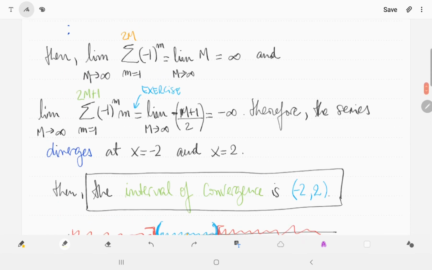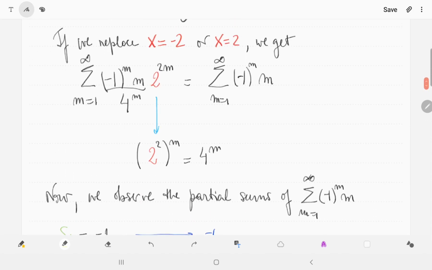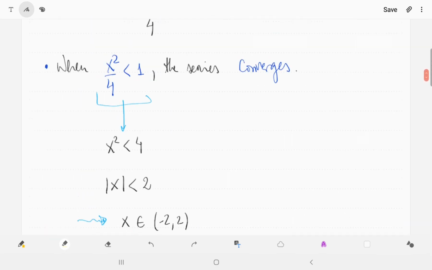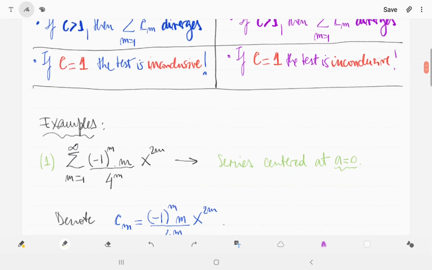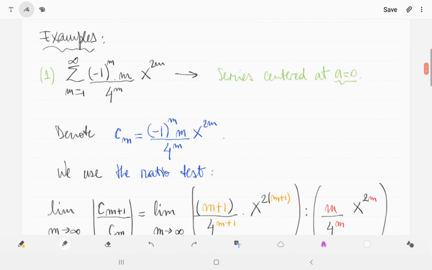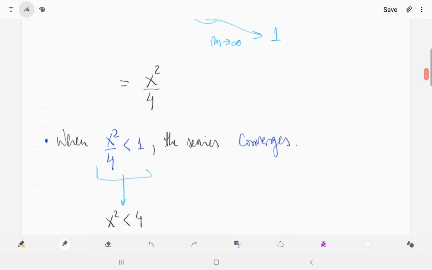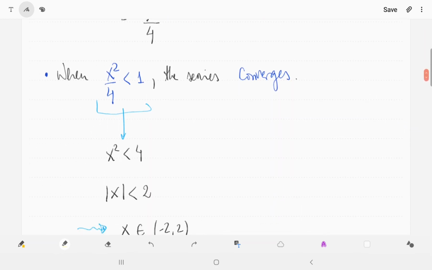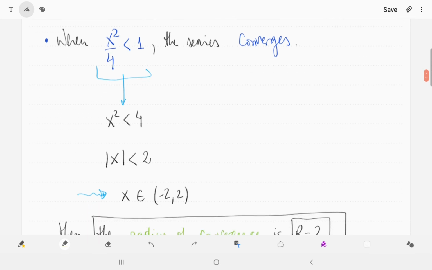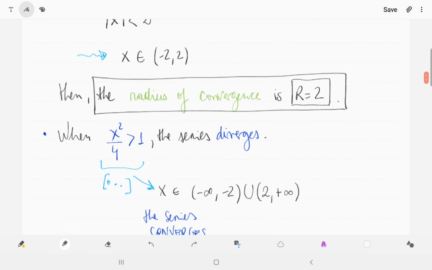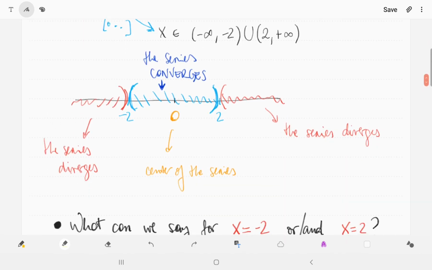So, remember what happened in this example. We have our power series. We choose one of the tests, ratio test or root test. Those tests will give information with open intervals, but we won't know what happened at the extremes of the intervals.